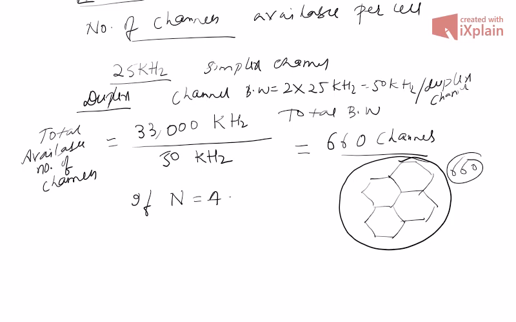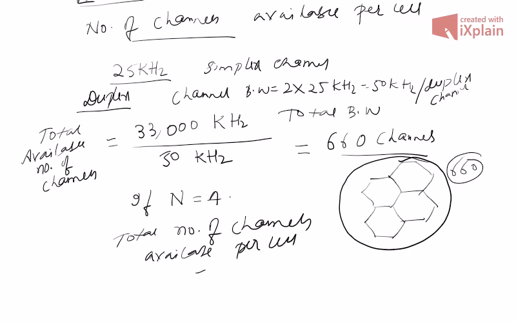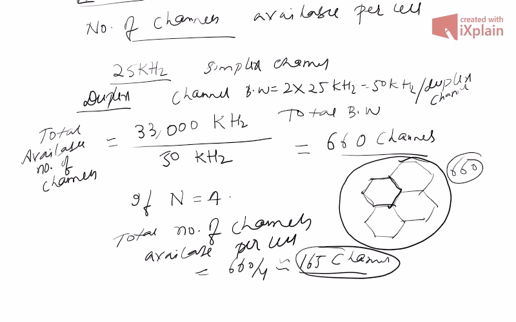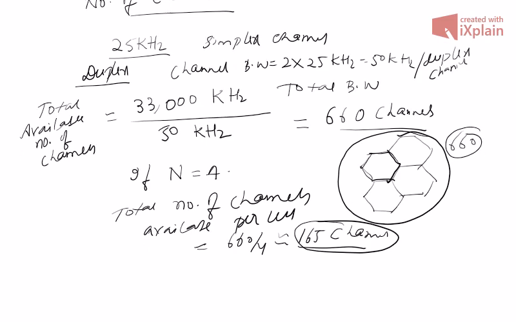Now, how many channels are allocated to one cell? The total number of channels available per cell is 660 by 4, which is roughly 165 channels. That means if you keep n equal to 4 for this system, in one cell, that is in this one hexagonal area, 165 mobiles can communicate simultaneously with the base station because they all will be allocated different channels.